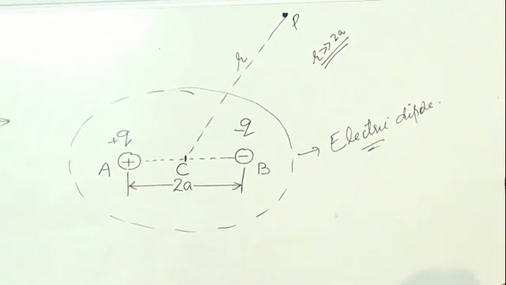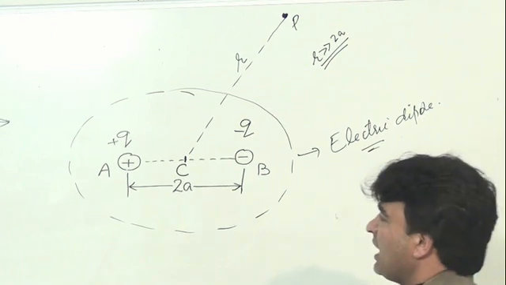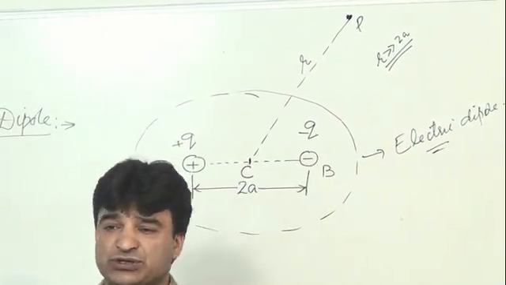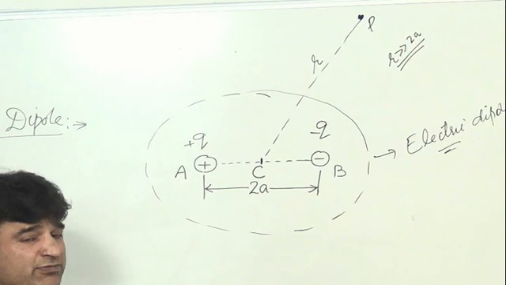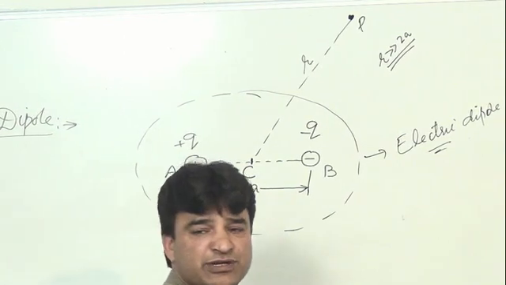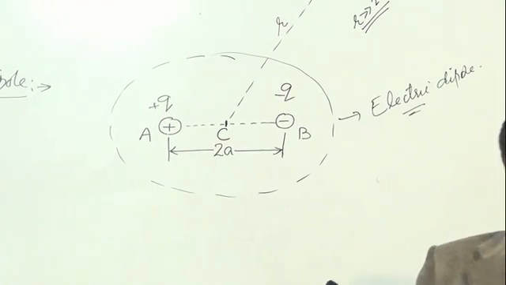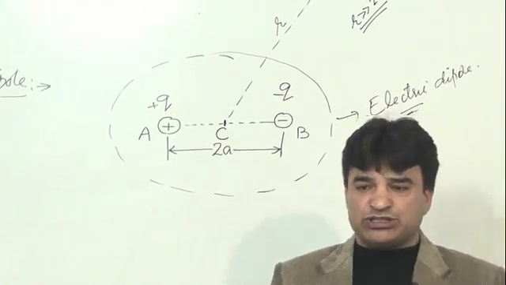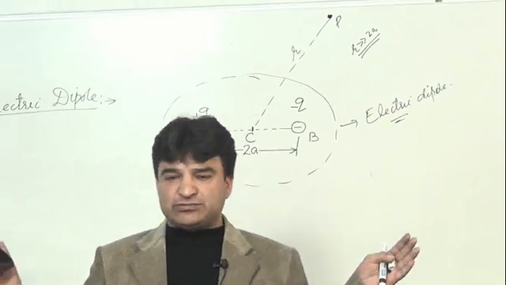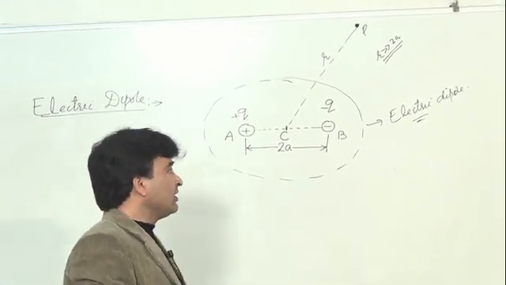We have to find the electric field intensity due to this electric dipole. If we are going to define what the electric dipole is, we can say it is when two equal and opposite charges are separated by some small distance.